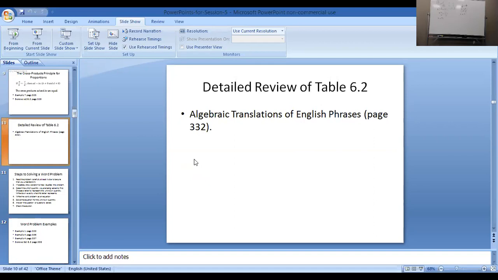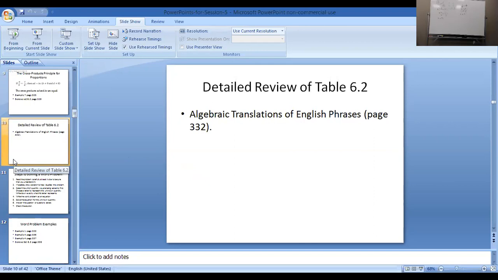Let's look at, for example, that big one done at the bottom, more than one operation. We have 25% of the sum of 3 times a number and 14. If you have a word expression in English, we want to translate it into an algebraic expression. It says 3 times a number, so I need to have 3x.